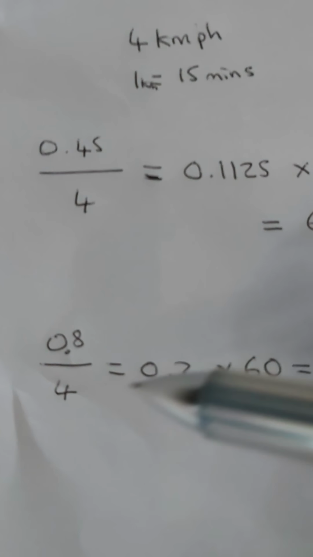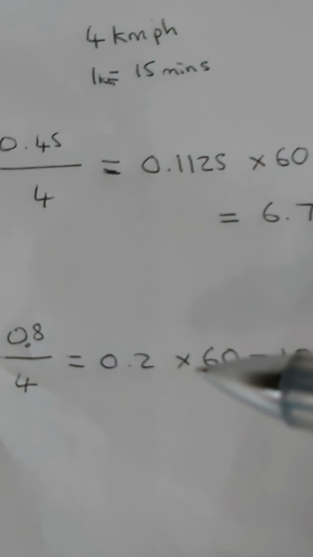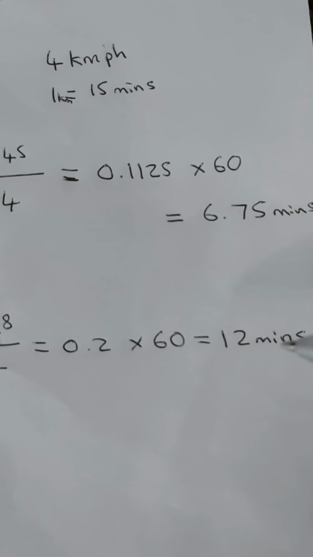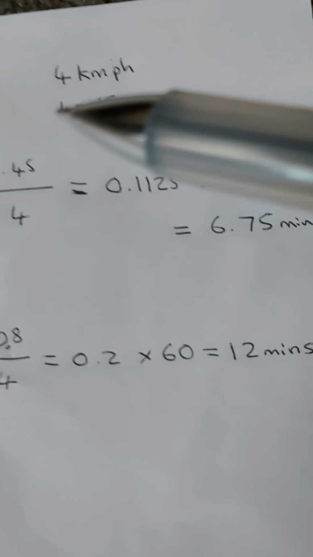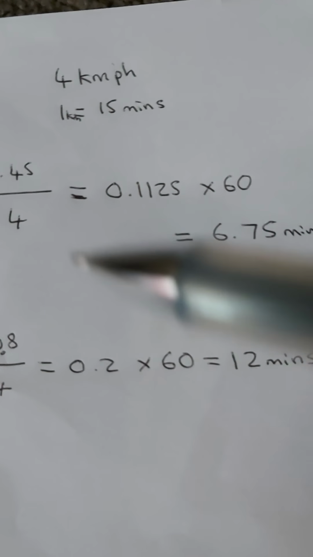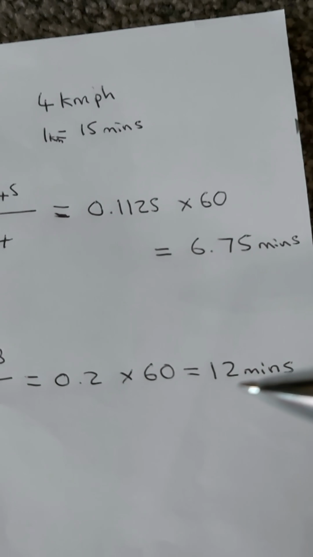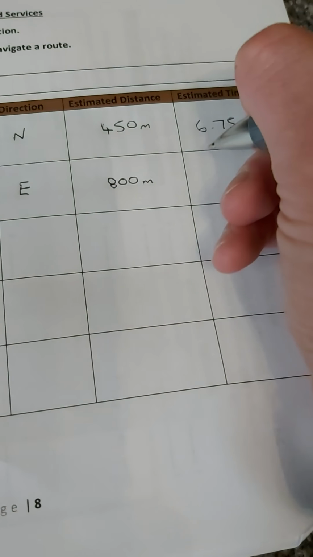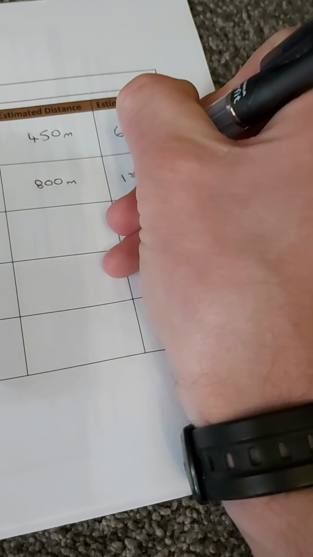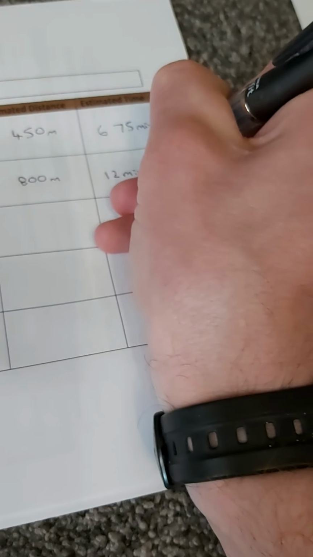Divide that by 4, gives us 0.2. Times that by 60, roughly 12 minutes. It's still below a kilometer, so I know I'm right, or around right. So again, that's what I'm going to put in my end box, 12 mins. And I'll leave the rest to you.